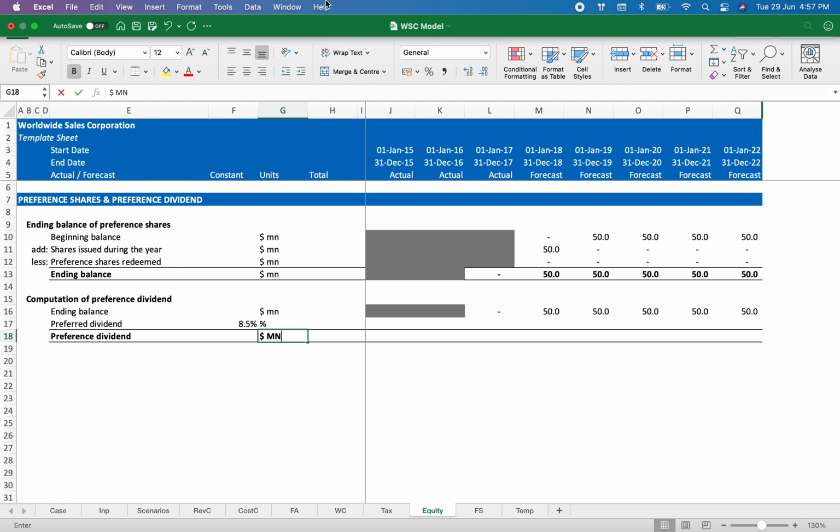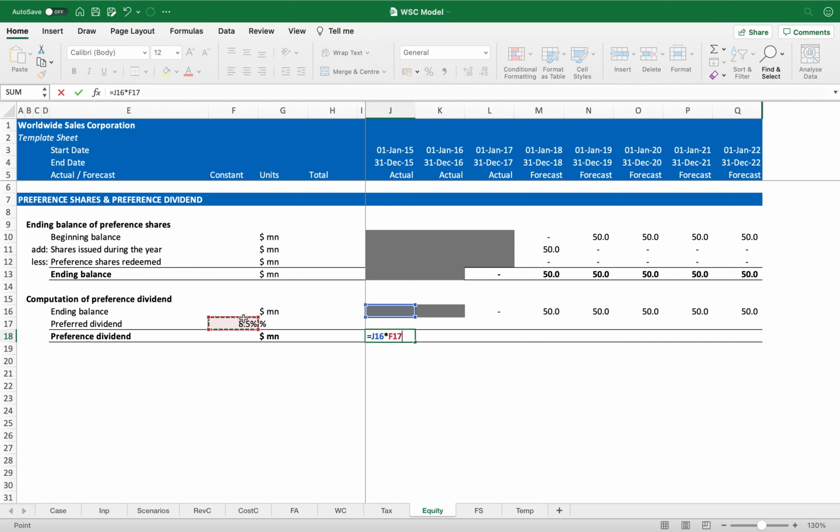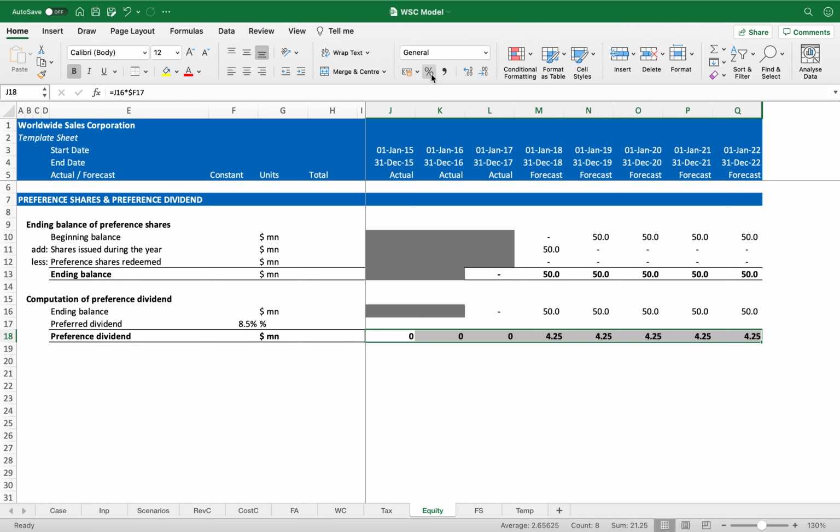So I have now computed the ending balance of preference shares as well as the preference dividend amount.